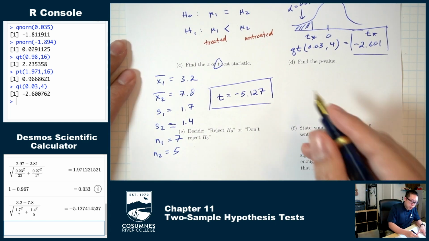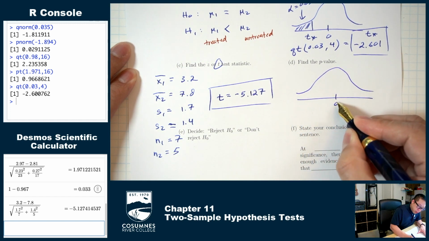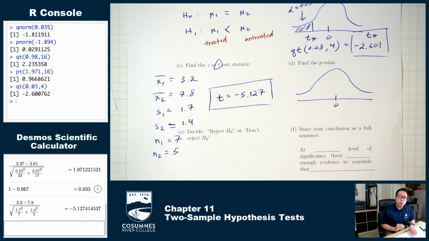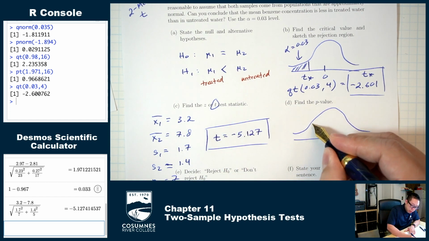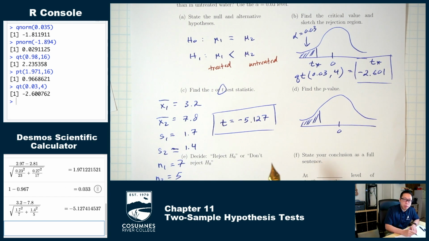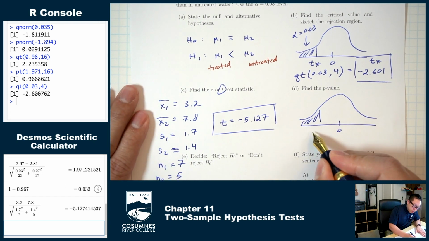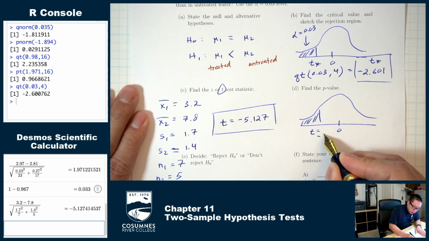Part D, find a p-value. The picture should be the same as in part B. This is a less than, should be shaded to the left. And then put your test statistic that you found in part C on a picture. Negative 5.127.